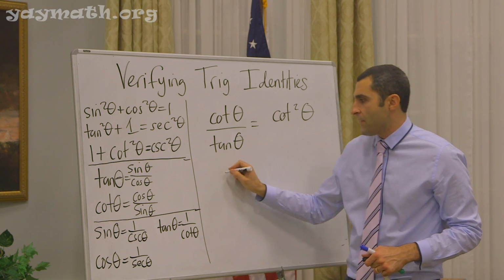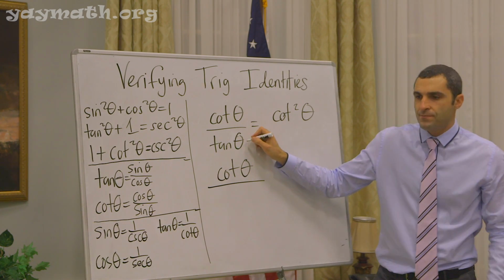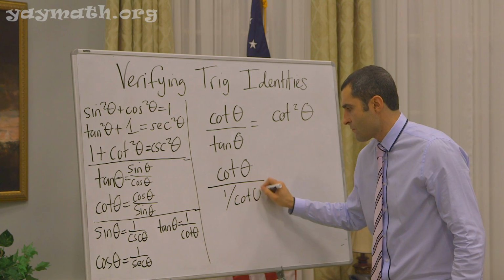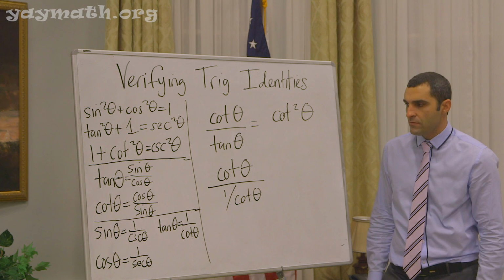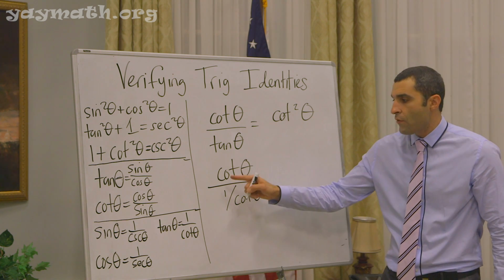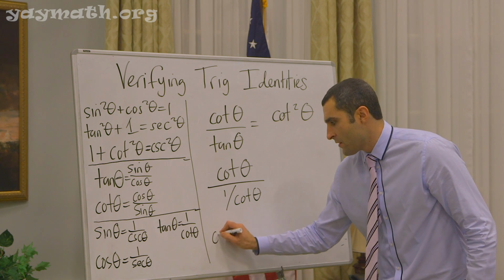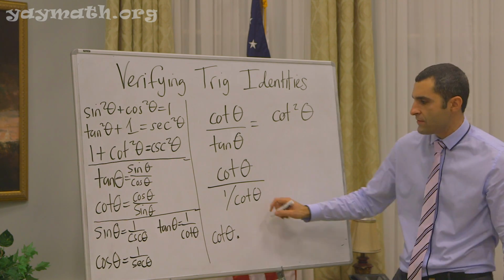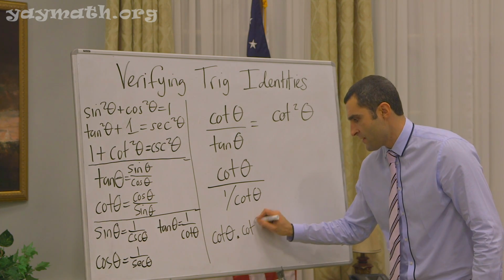Perhaps we could leave the top alone, and then this becomes 1 over cot. So again, we're leaving this side alone. Cotangent over 1 over cotangent. Could we multiply by the reciprocal?